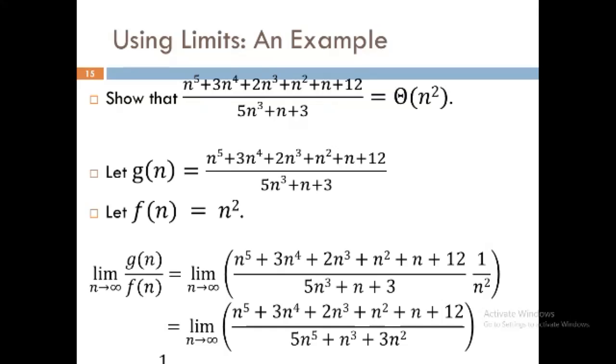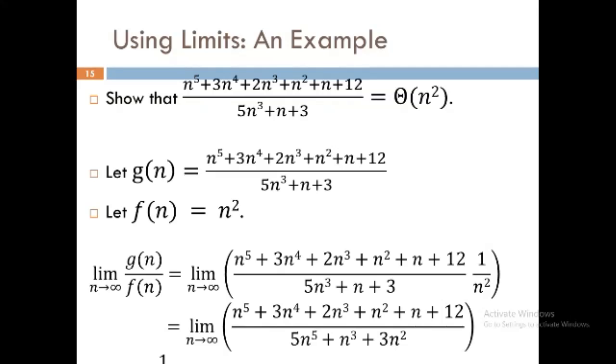So for large values of x and fixed, we should have some limit. That limit should be equal to n squared. Let g of n be equal to the above equation. This equation indicates n to the power 5 plus 3n to the power 4 plus 2n cubed plus n squared plus n plus 12 upon 5n cubed plus n plus 3.